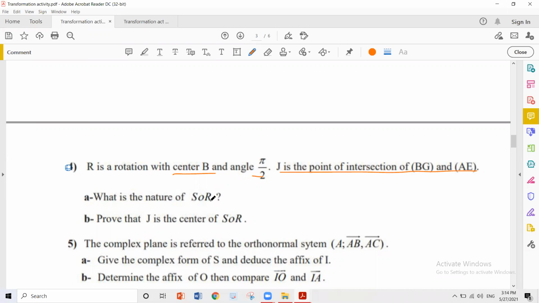What is the nature of a composite of a rotation and a similitude? S is a similitude with center I, ratio 2, angle pi over 2.